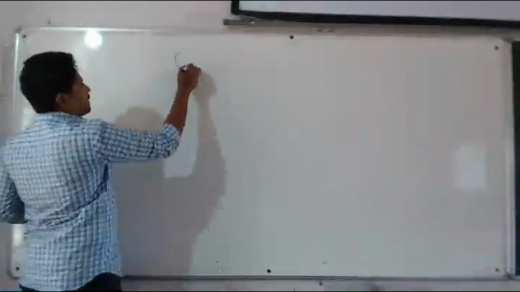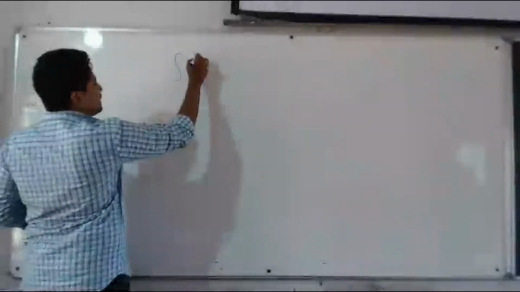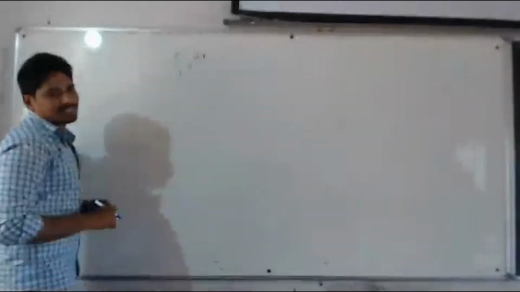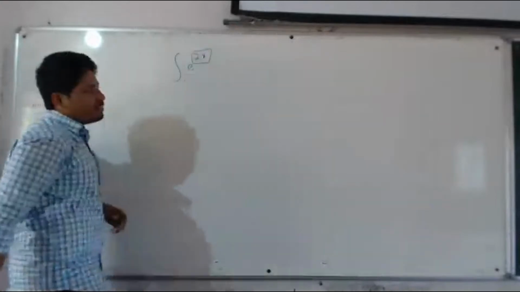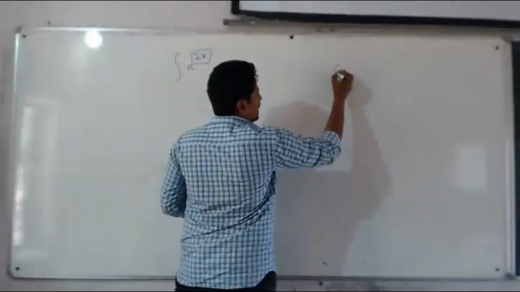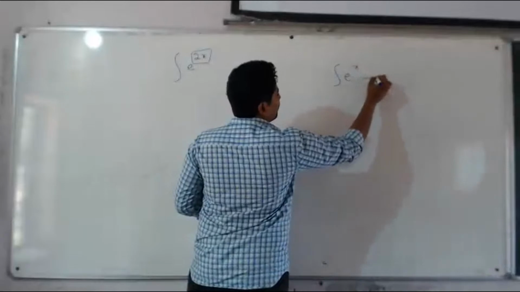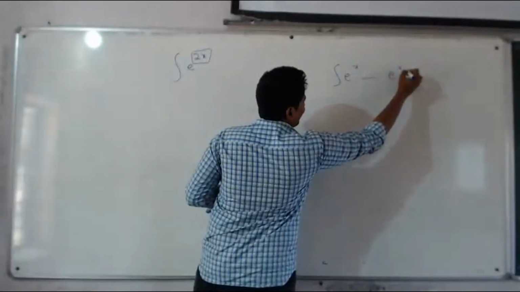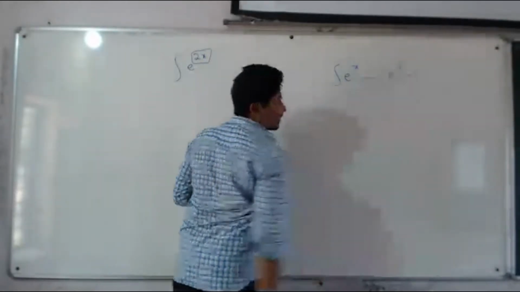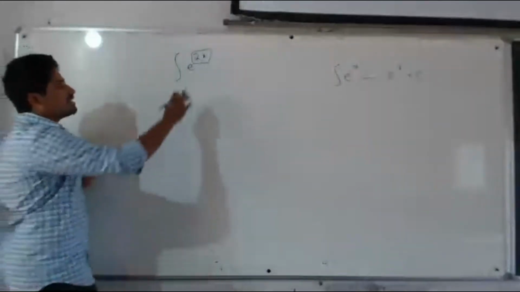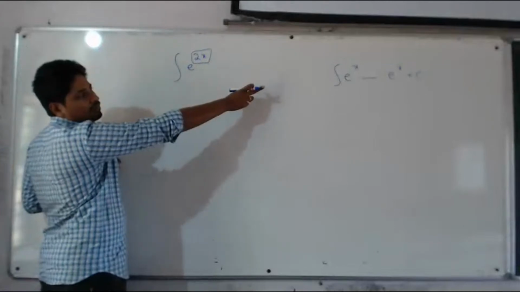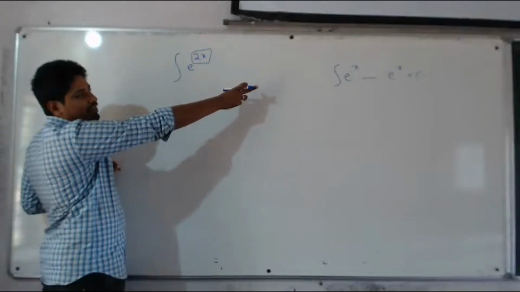Integral e power 2x. Now if you consider this as x, it will be of the form integral e power x. What is the formula for integral e power x? E power x plus c. If you consider this as x, we can use that formula.